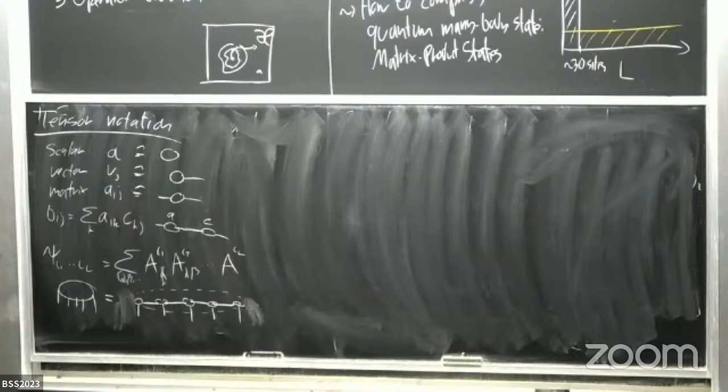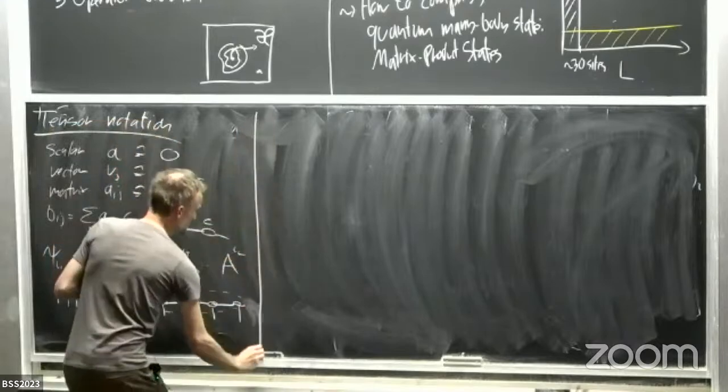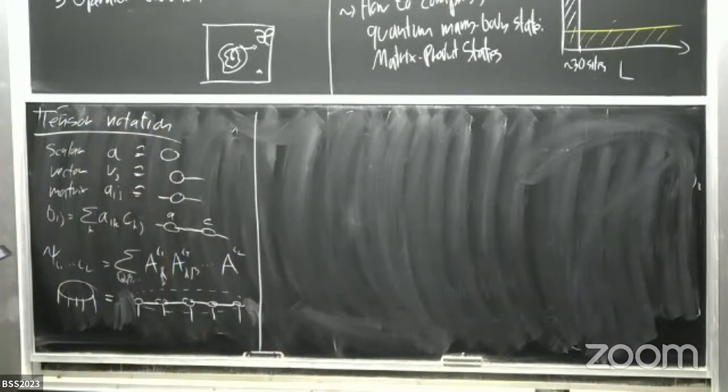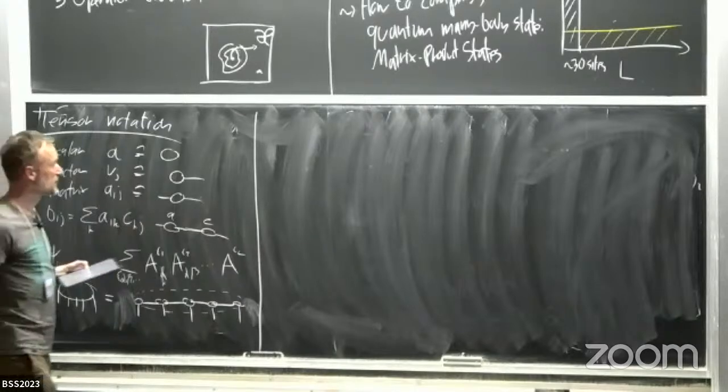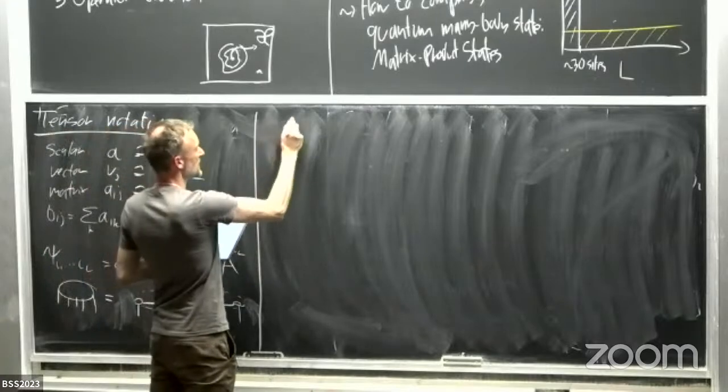Good. And just to warm you up for what's about to come, because now we can do lots of calculations with this kind of formalism. One simple one would be to calculate the overlap.